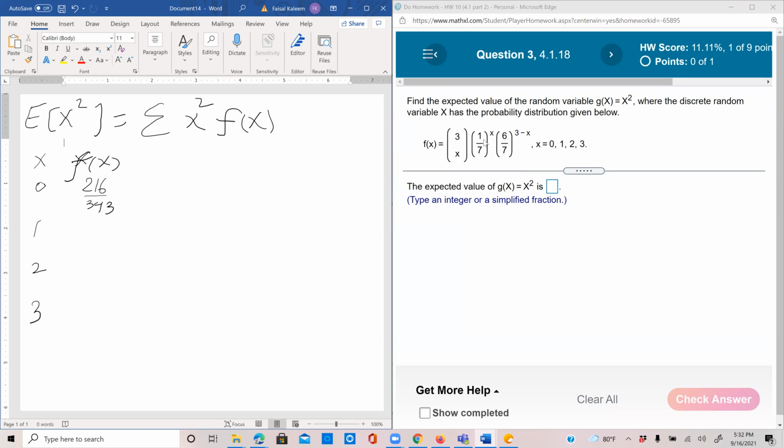So that'd be 3 times 36, 108 over 343. With x equals 2, 3C2, (1/7) squared, (6/7) power 1. So 6 over, so that'd be 18. Not 348, but 343. So 18 over 343. And then for x equals 3, 3C3, (1/7) power 3, (6/7) power 0. So (1/7) power 3 is 1 over 343.